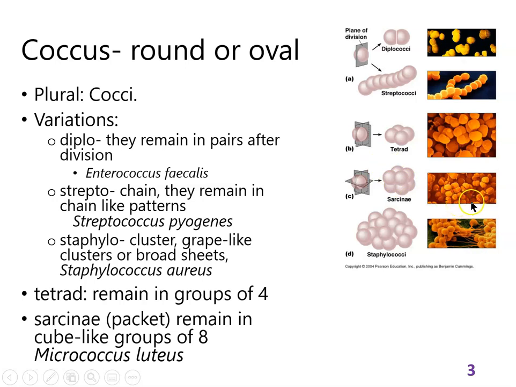And after 3 divisions, they end up with a cluster of 8. I think you can see there are 3 different planes you can separate these on. So these are things we will see.